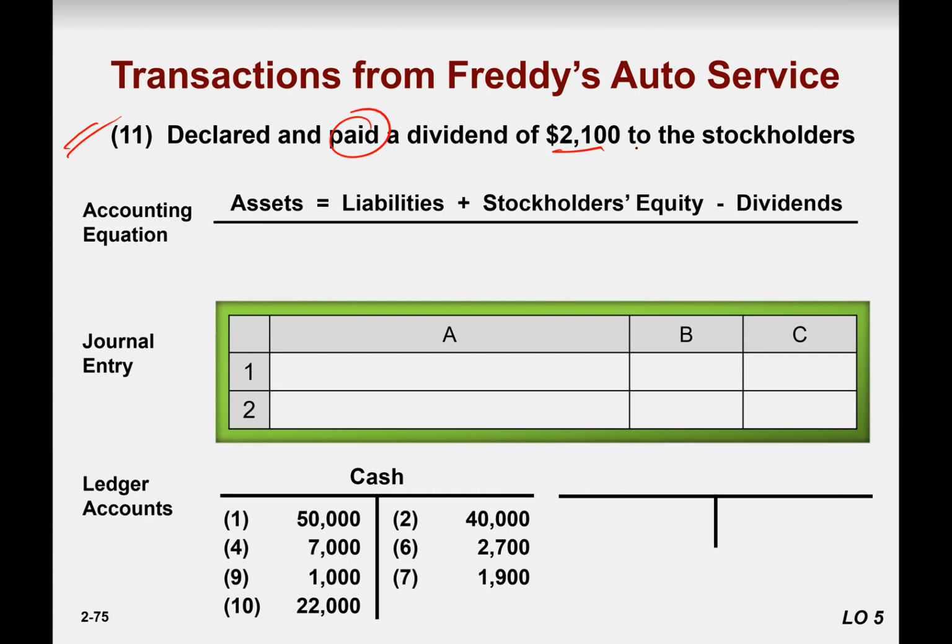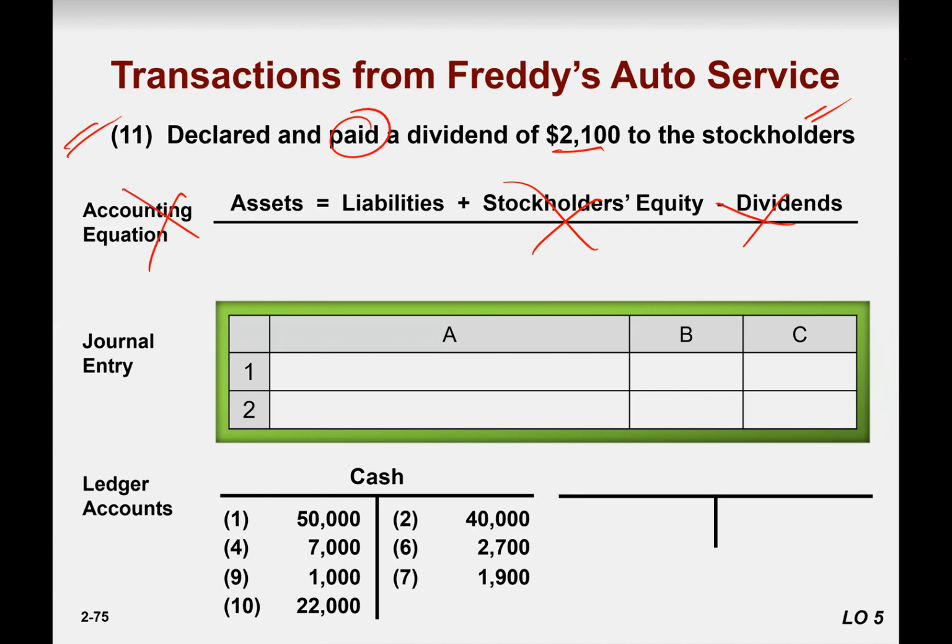Which two accounts? Liability, right? Which one do you consider liability? Oh, dividend is for the stockholder. Dividend is not a liability. Dividend is stockholder equity.